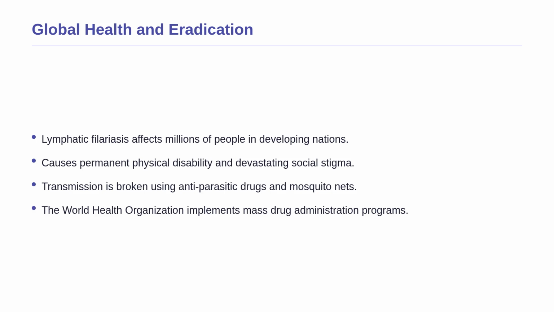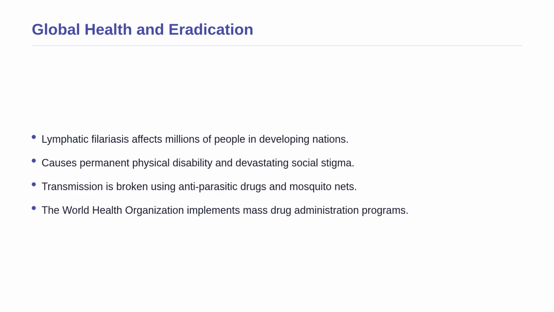Having seen how the parasite spreads, we must consider its real-world impact. Lymphatic filariasis is a neglected tropical disease that affects millions of people worldwide, primarily in developing nations. Beyond the physical disability, it carries a devastating social stigma.